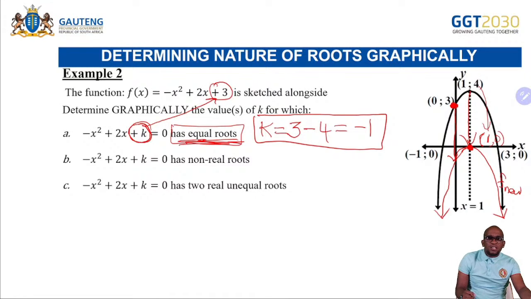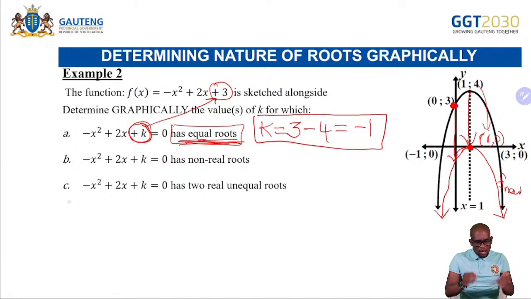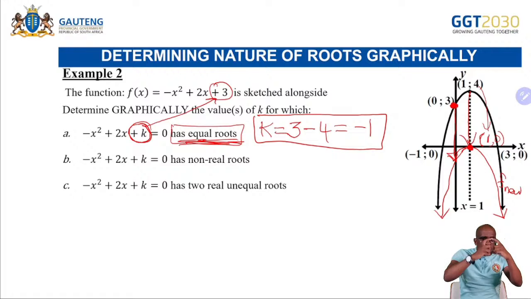Now, because of the complexity of this one, where you have to first draw the graph that satisfies the condition, and after drawing the graph you need to locate the y-intercept of the new graph, because you have to shift the graph and then you have to locate the y-intercept of the new graph.